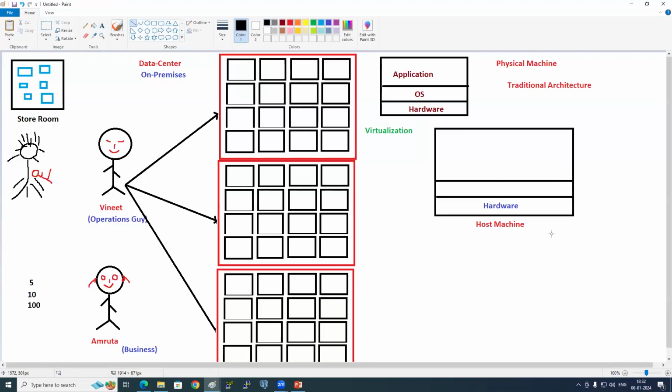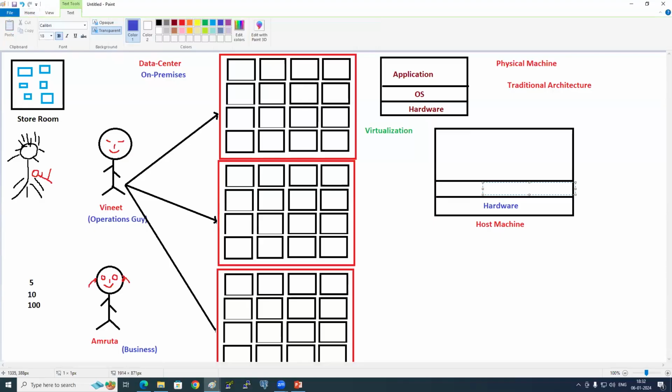Generally we have OS, that is for your physical machine or traditional architecture. For a normal physical machine, you have an operating system. But this is virtualization technology. If you are going for virtualized technology, on top of it we have something called a hypervisor.